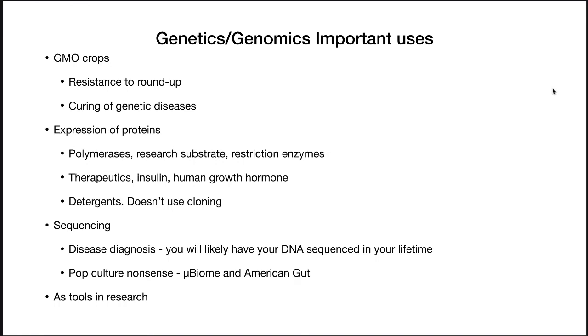And they're using this for comparative studies that are actually legitimate. So there's some stuff going on that's nonsense. In fact, uBiome has now filed for bankruptcy. And then there's the American Gut Project, which I think is legitimate and interesting. And of course, lots of this stuff is used as tools in research.